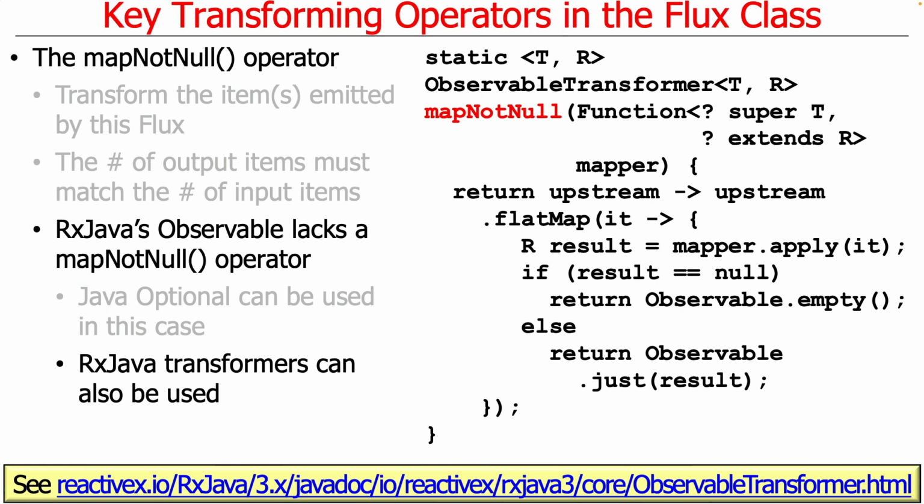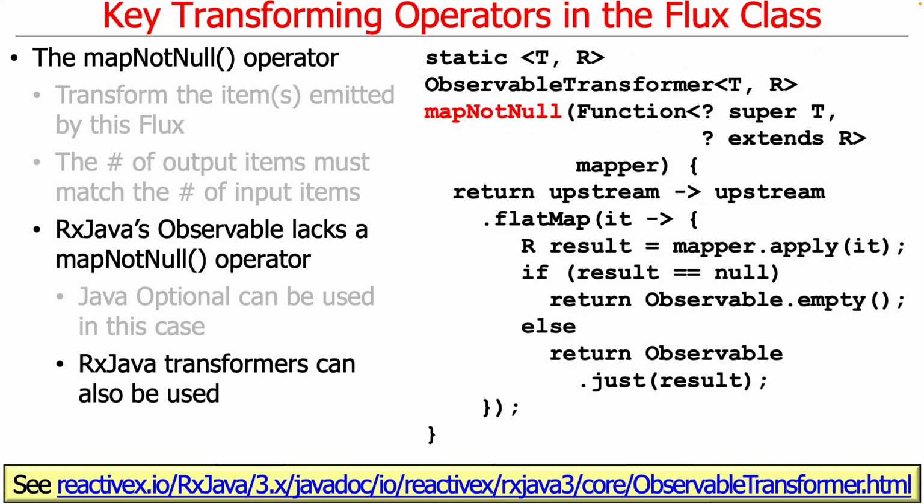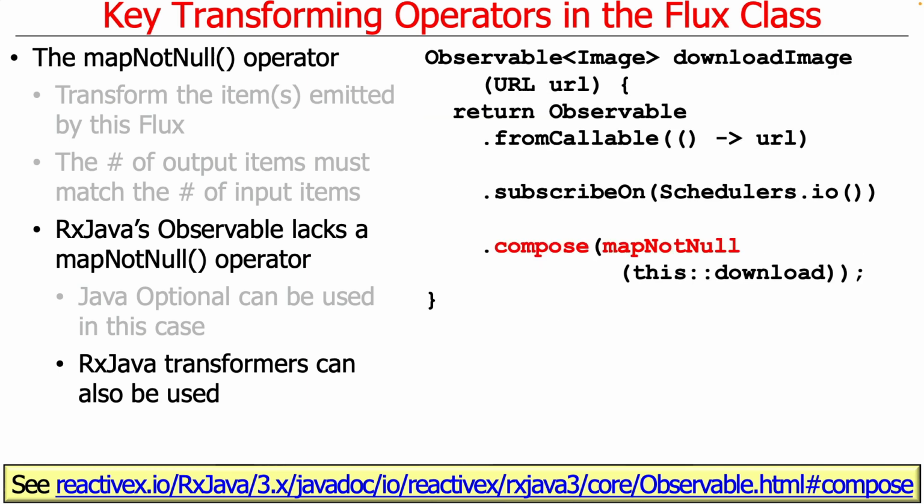In this case, we call it mapNonNull. And it's going to have the logic to deal with nulls without actually trying to emit nulls. And then we can use another method called compose, which is an operator that allows custom operators to be implemented in RxJava. So we can add our mapNonNull mechanism and use it properly. Again, this is an RxJava quirk. I wouldn't worry too much about it since we're not really using RxJava in this class, just in case you ever get stuck having to do it.